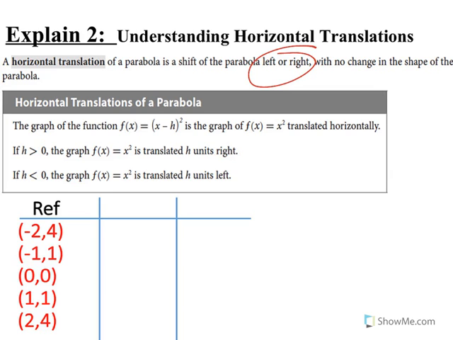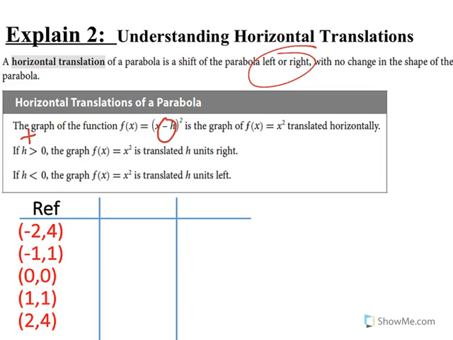The graph of the function f of x equal to the quantity x minus h squared is the graph of the parent function f of x equal to x squared translated horizontally. If h is greater than 0, okay, so that means that h is positive, but be careful that the negative is inside the formula already. Right? So the graph of f of x equal to x squared is translated h units to the right.